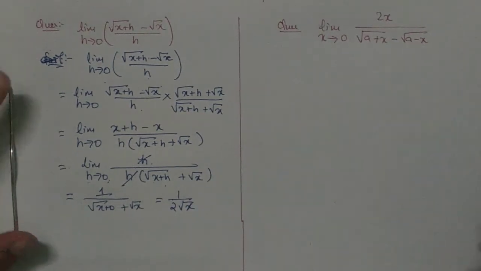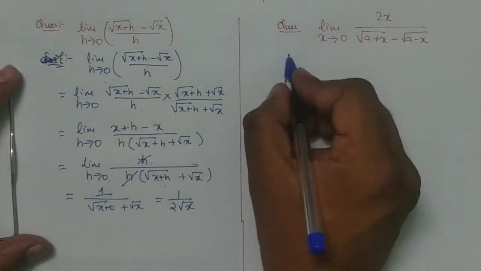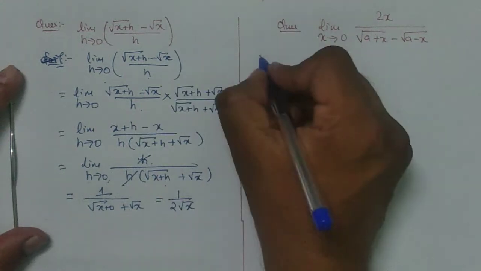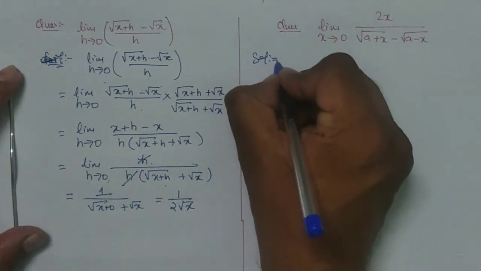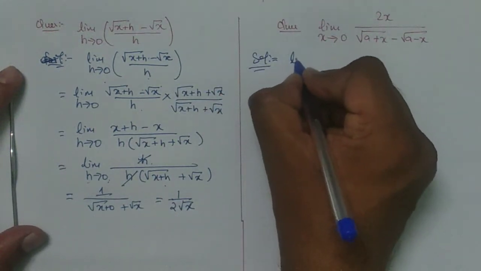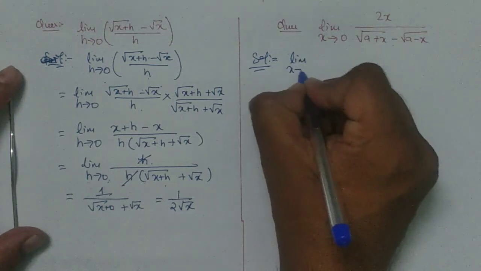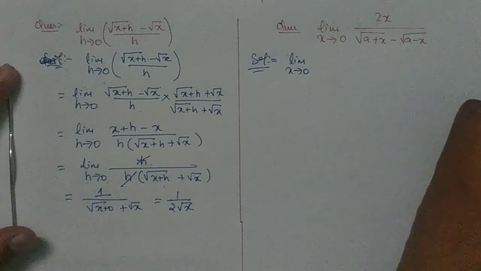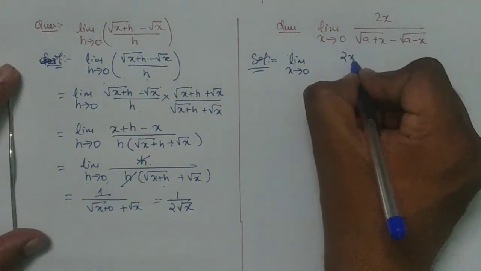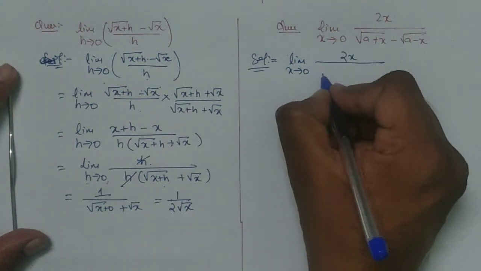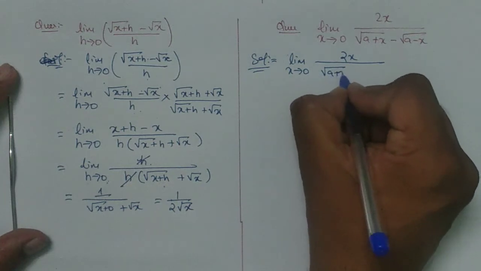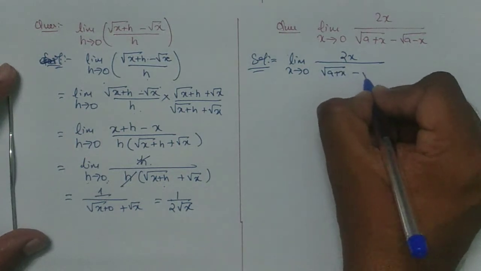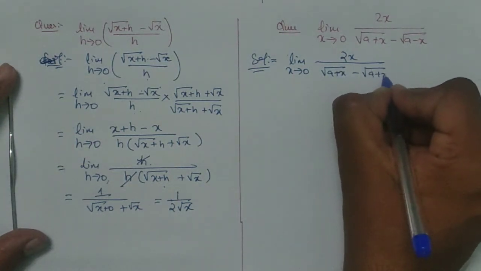Now let us solve this question. This question is similar to this one. Limit x tends to 0, 2x upon root a plus x minus root a minus x.